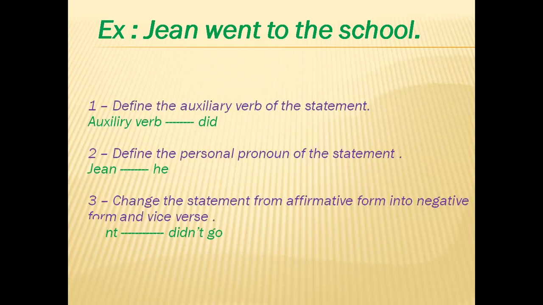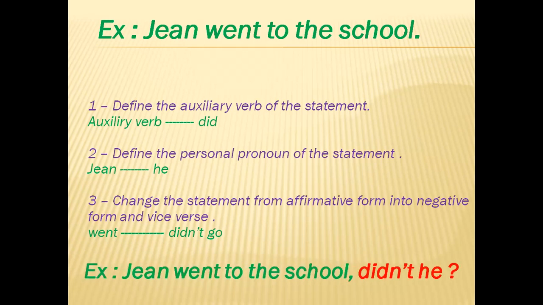Yes, it's an affirmative statement, so I must change it into the negative statement. So the question tag of this sentence will be, yes, it's written in red: Jane went to the school, didn't he? Okay. This is the question tag.